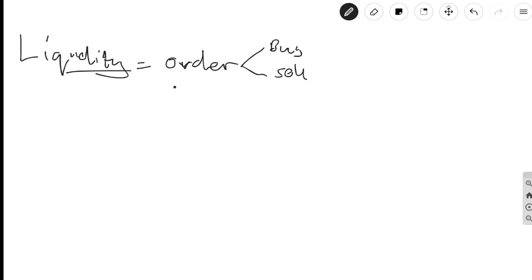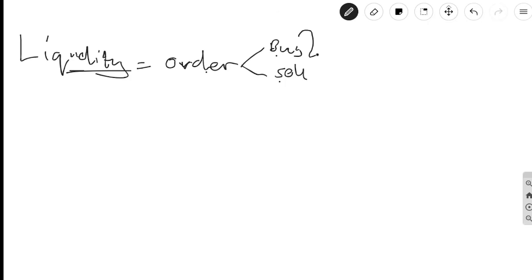So I said liquidity is simply orders, and the orders we are talking about here are buy and sell orders. Are we together? Now, these orders come in three forms.